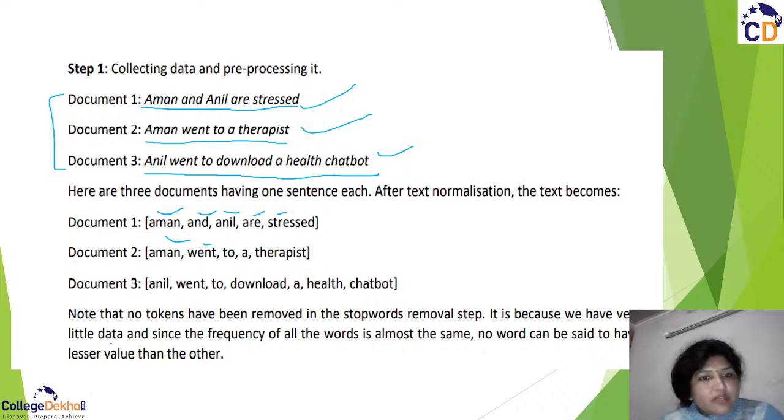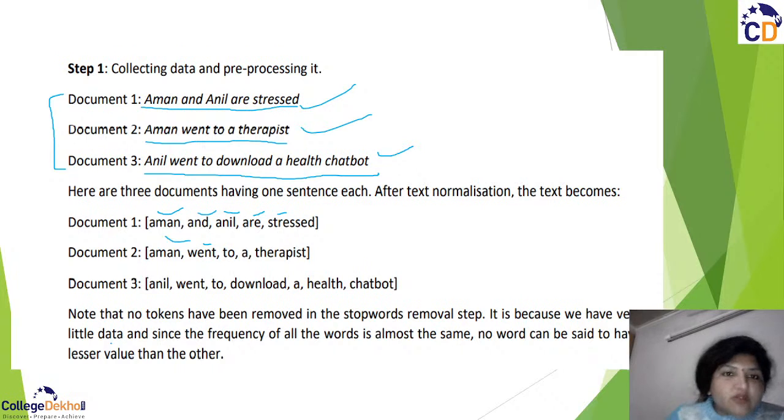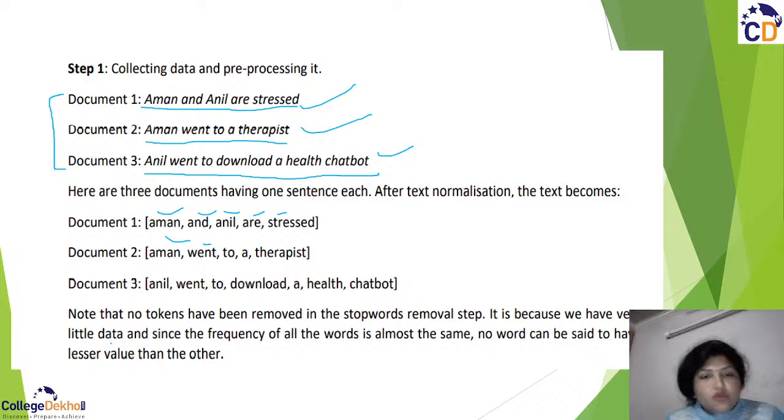Note that no tokens have been removed in the stopwords removal step. It is because we have very little data, and since the frequency of all the words is almost the same, no word can be said to have lesser value than another, because removing it would destroy the meaning. If you remove words like "to" and "went", you are not going to gain anything, because each document contains only a single sentence, so there is no need.